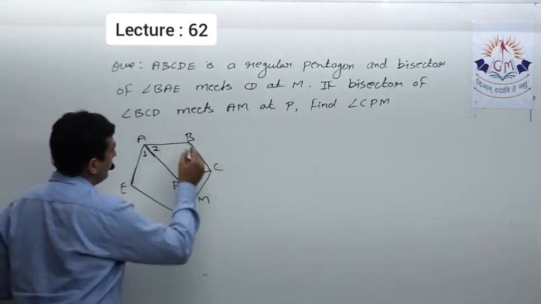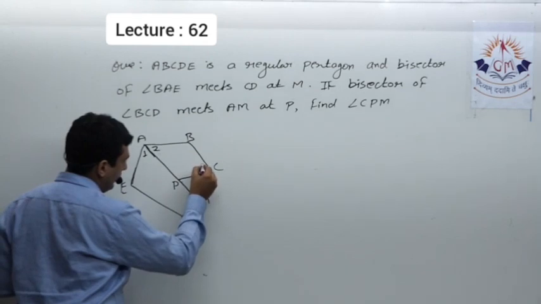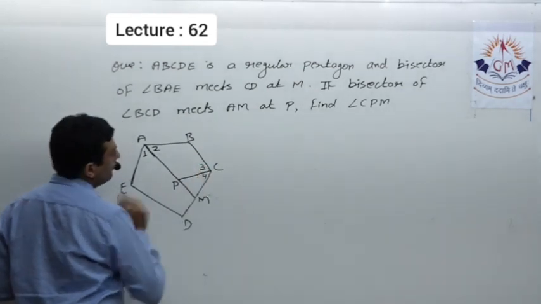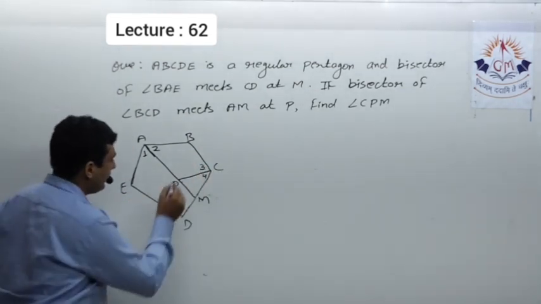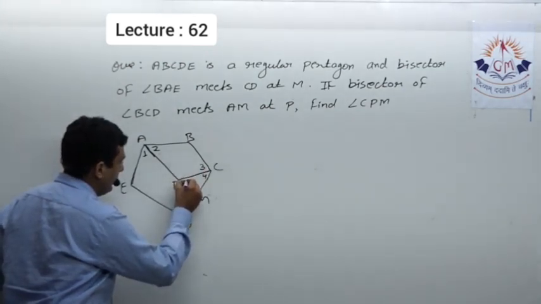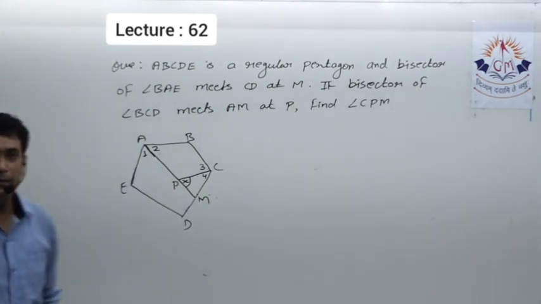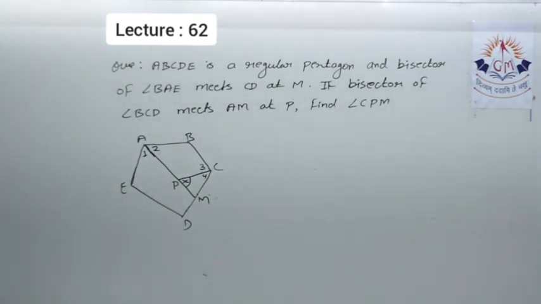As well, the bisector of angle BCD makes these two angles equal, 3 equals 4. Now you have to find the measure of angle CPM. Let this be x. So this x you have to find. Think for a while, then I will give you its solution.